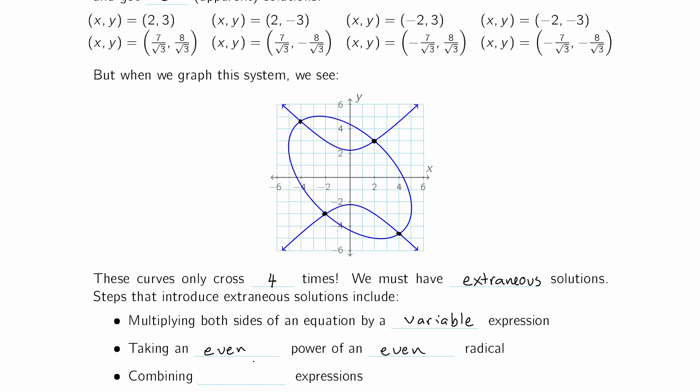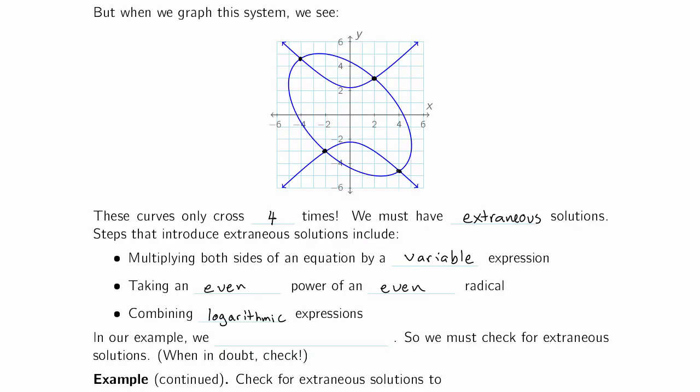They might show up when we combine log expressions, because that has the potential to mess with the domain. We started out with 2 negative numbers, but then when we combined them, we got something positive. And that sort of thing. Anything that messes with the domain, anything that loses information, has the potential to introduce extraneous solutions.